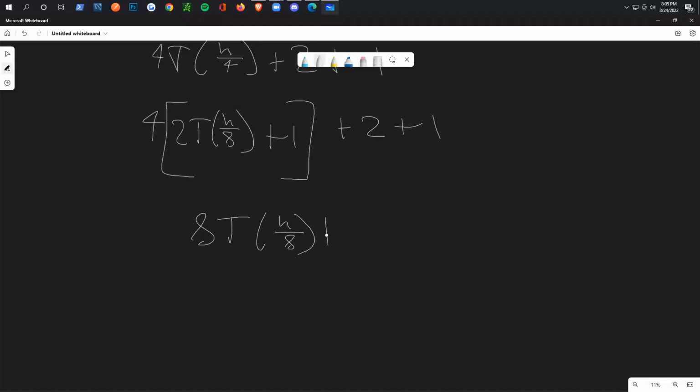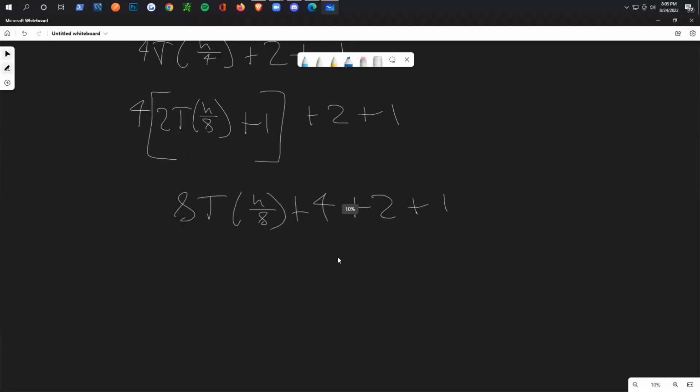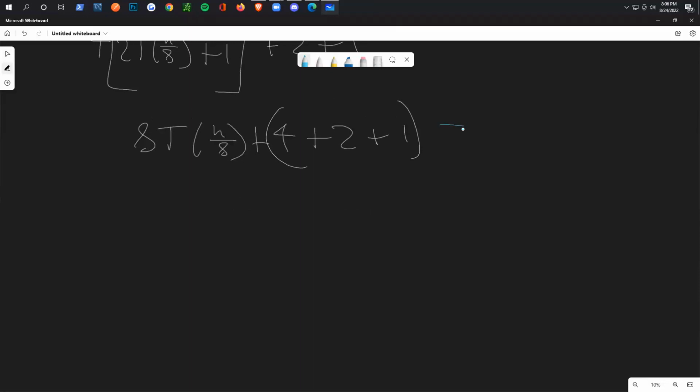Distribute the 4 to the 1 plus 4 plus 2 plus 1. Okay, so let's do the same thing that I've told you guys to do for all the other problems. Let's reorder these to make it look nice so we can see the trend.